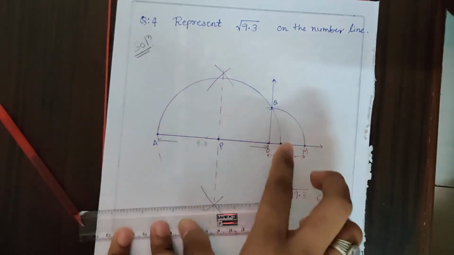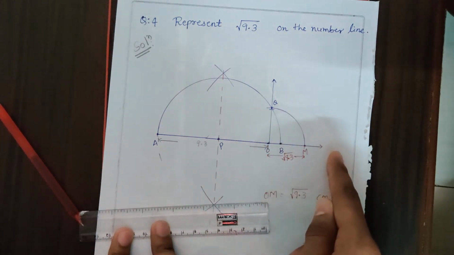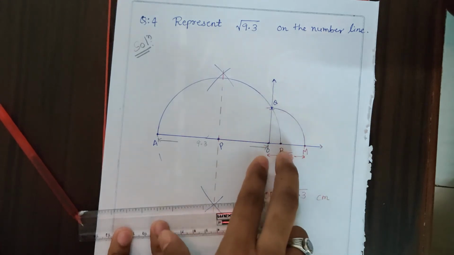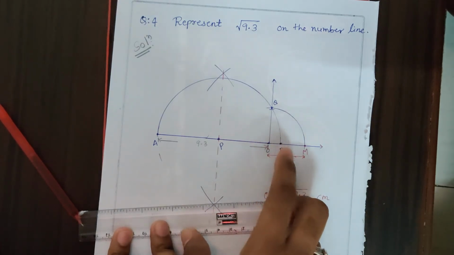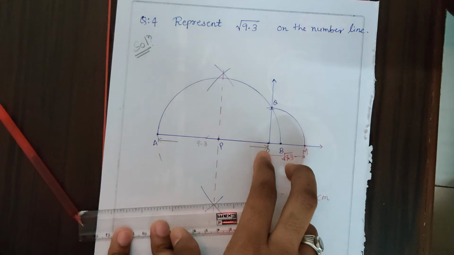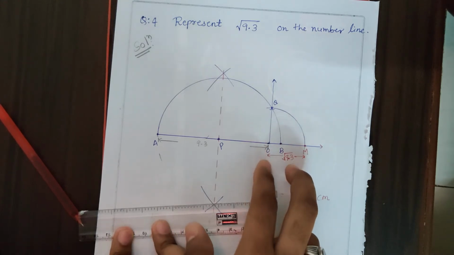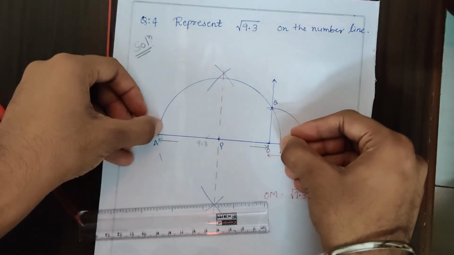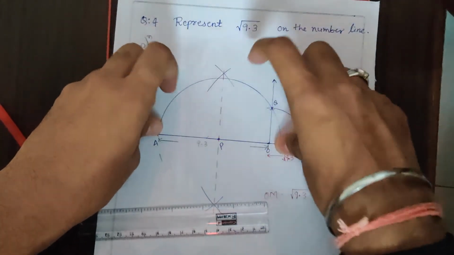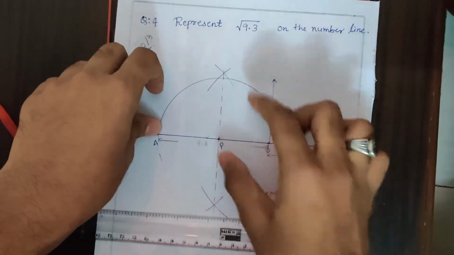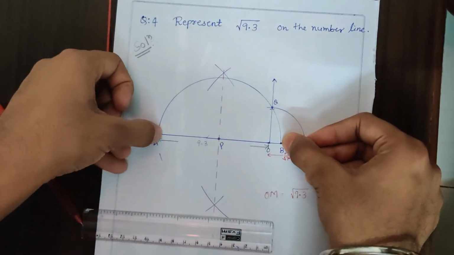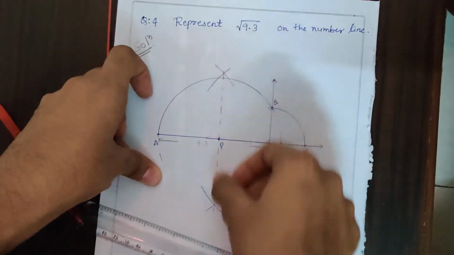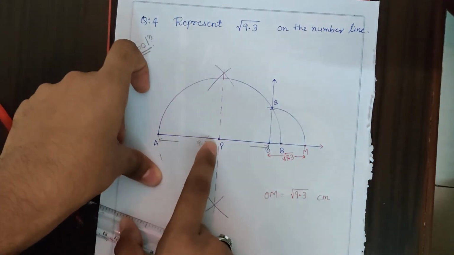Now we will extend this line and take another point B from O, OB, which is 1 centimeter. Now we will take arcs from point A as well as from point B on both sides. While joining the intersection point of this arc, we got point P.